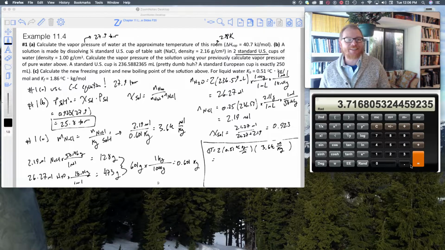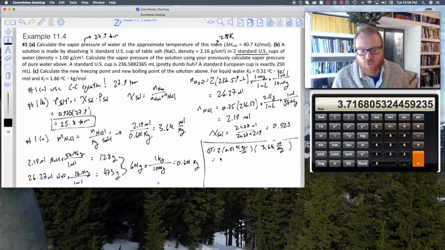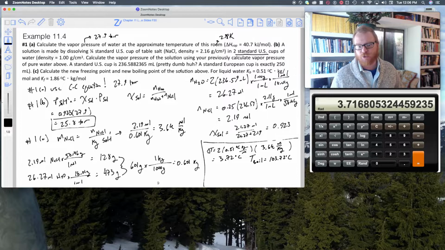And so I get my delta T as 3.72 degrees C. Okay, so that's my change in boiling point. Well, remember the boiling point of water is 100 degrees. So that means my new boiling point, because it's boiling point elevation, is going to be 103.72 degrees.